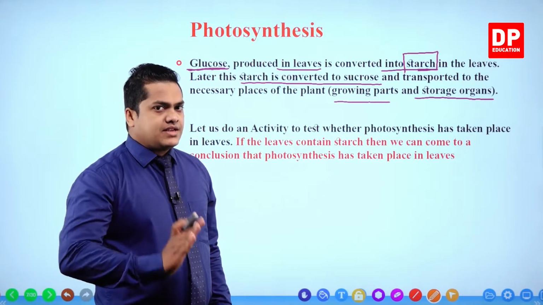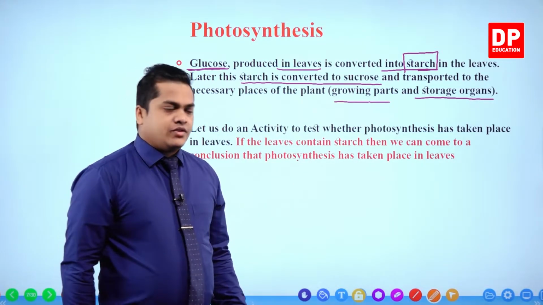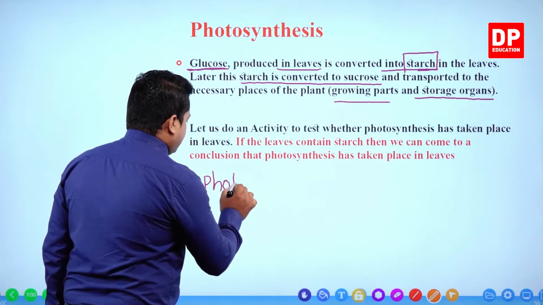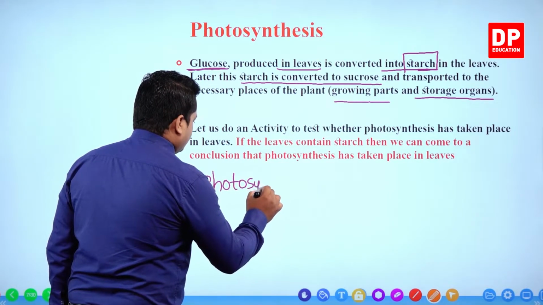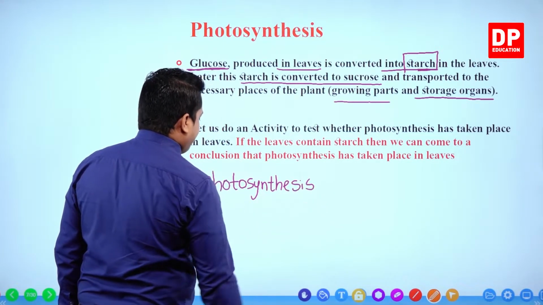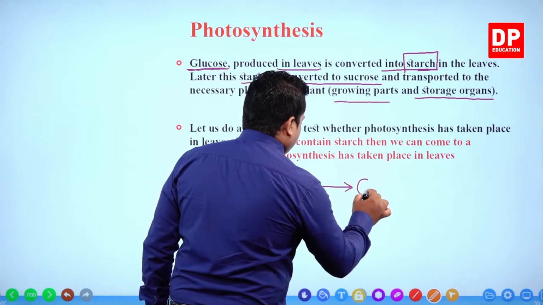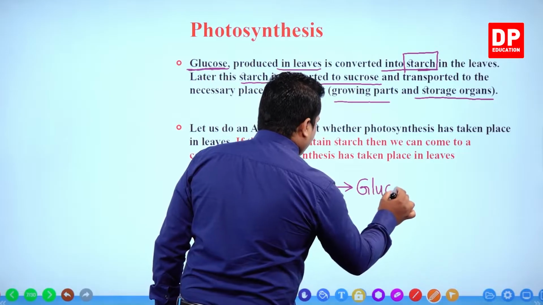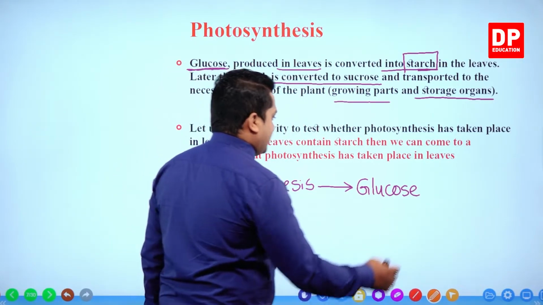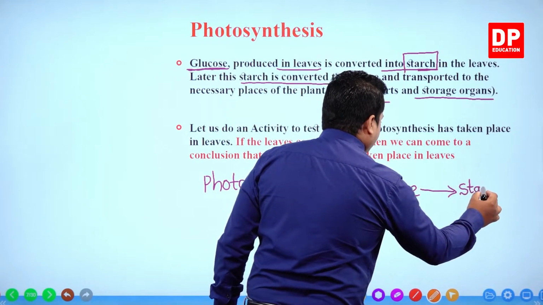So if there is starch, then we can say that there is photosynthesis. So it's really simple. What's going to happen? Photosynthesis is going to produce glucose. Then a collection of several glucose is going to produce starch.